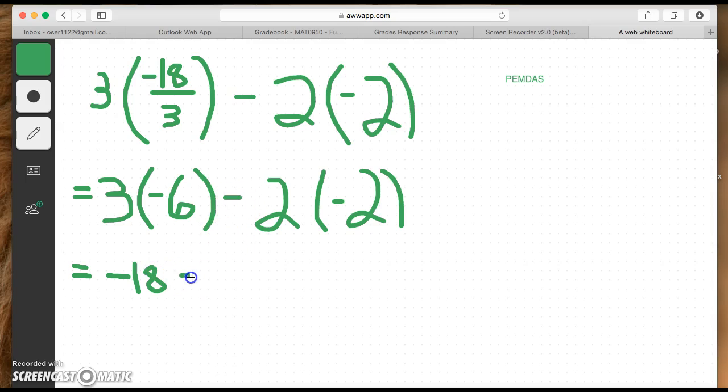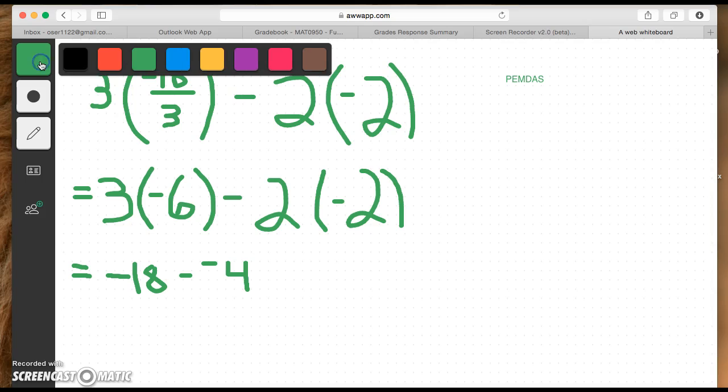Minus, we have a 2 times a negative 2. Once again, a positive times a negative is always a negative. 2 times 2 is 4. So we are left with negative 18 minus a negative 4.